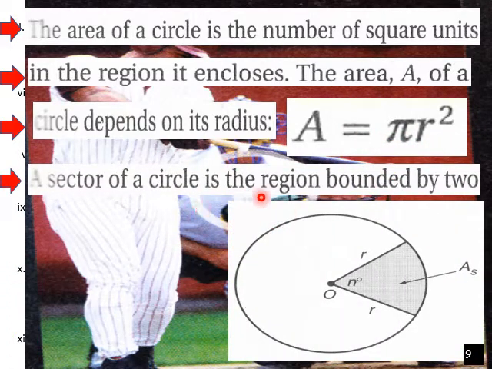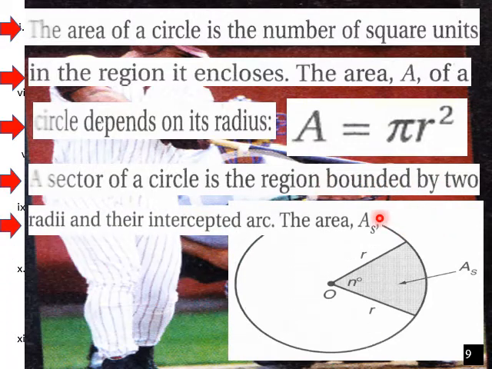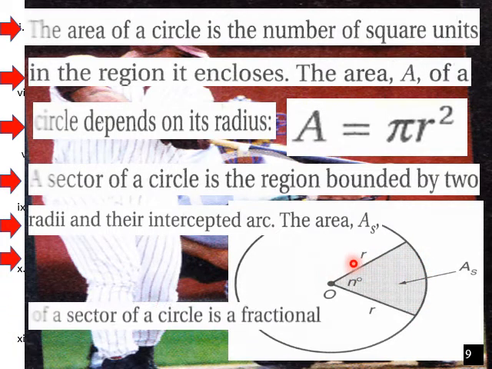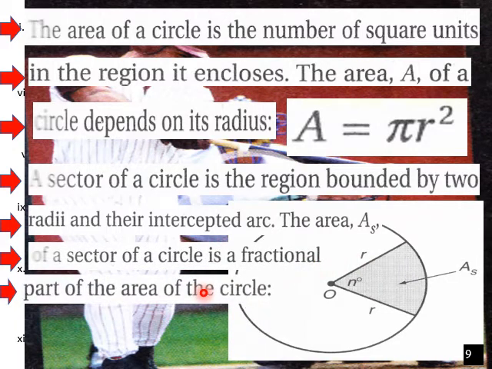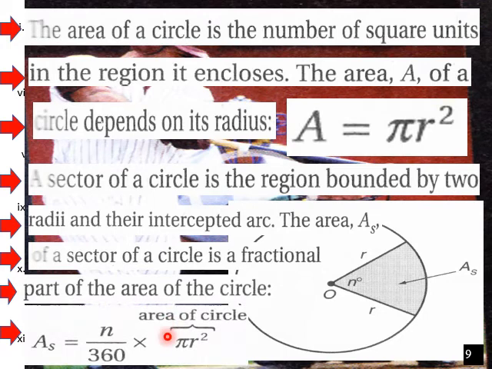A sector of a circle is a region bounded by two radii and their intercepted arc. So in this sector here, you have a radius here, and then this is the intercepted arc, and this is the area of the sector. The area S of a sector of a circle is a fractional part of the area of the circle.